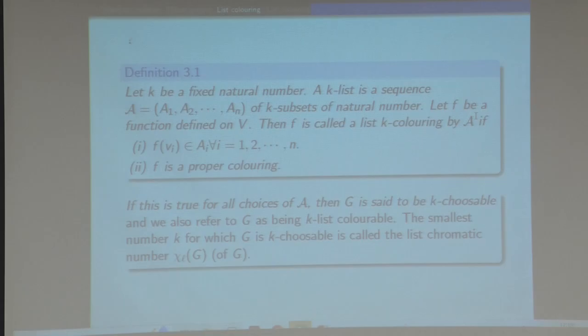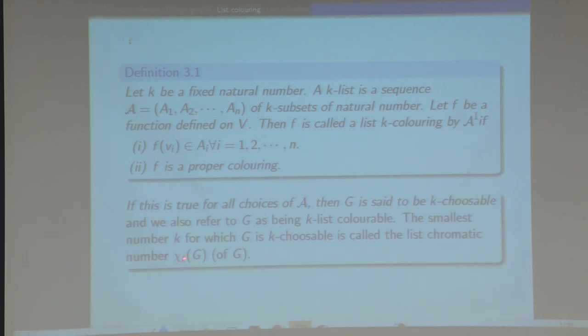Only those colors are allowed. If you can properly color it, with f of Vi coming from Ai and f a proper coloring, then you say that it's list k-colorable. The smallest k for which this can be done is called the list chromatic number. If this is true for all choices of A, then it's k-choosable.